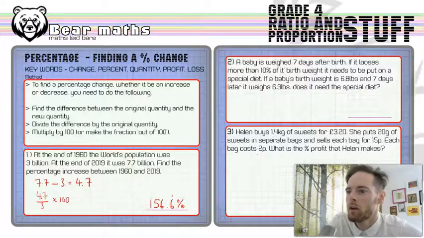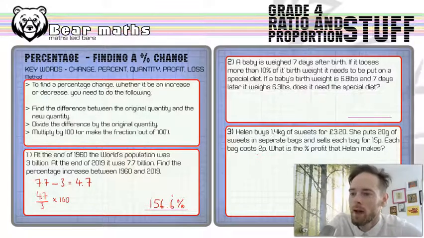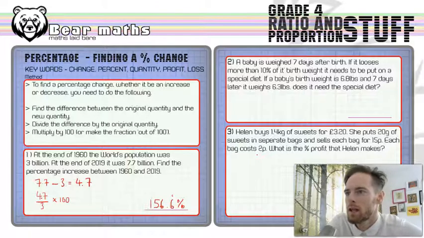I write this question because this is something that I've actually genuinely used in my real life. I was lucky enough to be the dad to a little girl 6 years ago. And 6 years ago, she was weighed at birth, and then 7 days later, she was weighed again. And the midwife calculated, and I don't mean to shame the person that was doing this, but she miscalculated the percentage change. She did it the wrong way round, and she said that my daughter needed to go on this special diet.